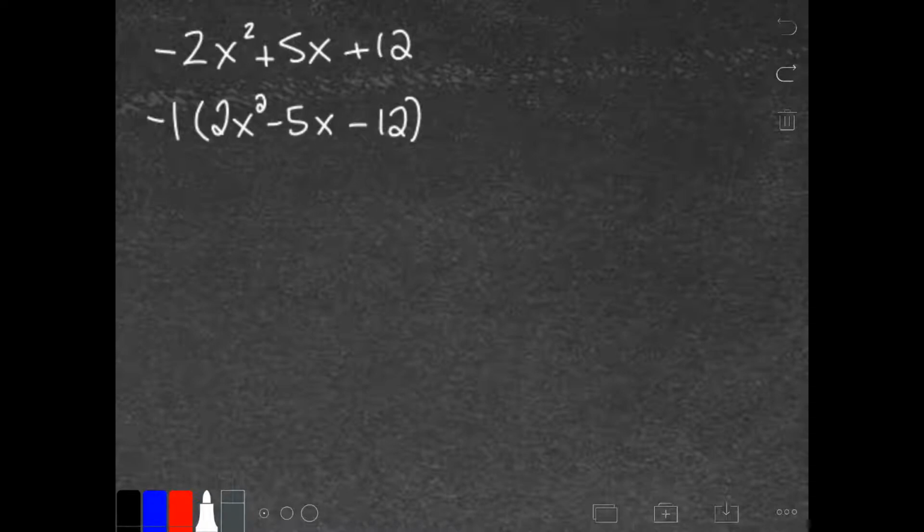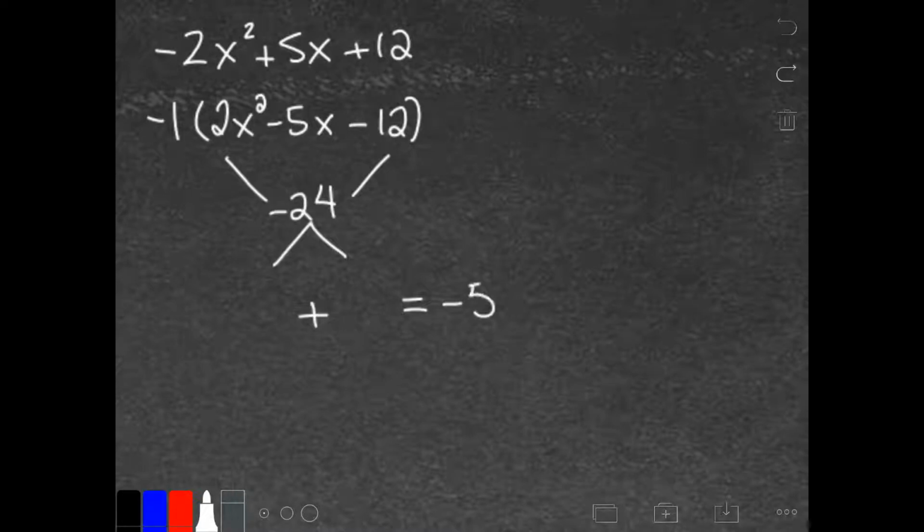Let's do what we did with the first two. Let's multiply 2 times negative 12 to get negative 24. And now I need factors of negative 24 whose sum is equal to negative 5.